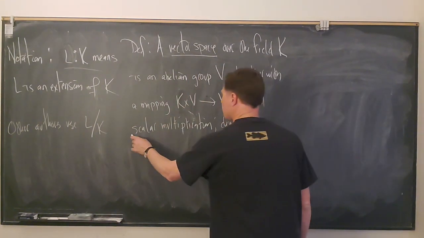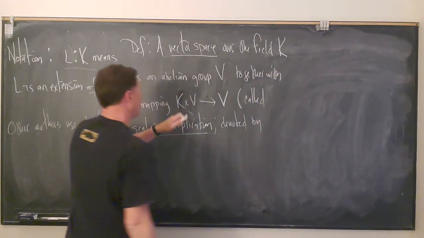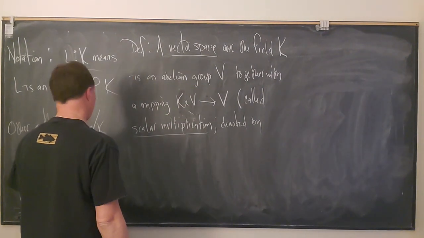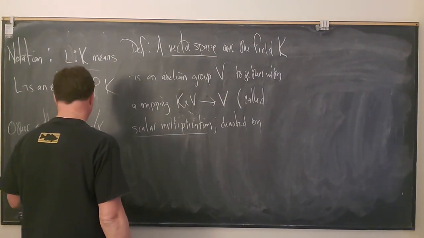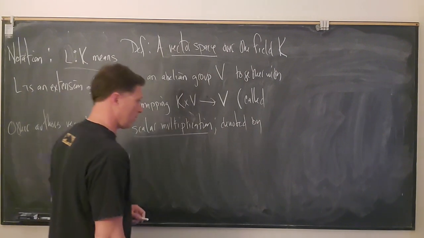Called scalar multiplication and denoted by juxtaposition. So if I take an element alpha from here and x from here, I'm going to write the output of the function not as f of alpha, x, but as alpha times x.